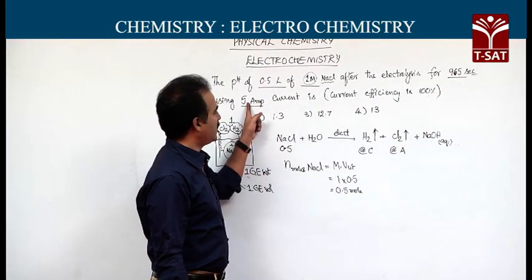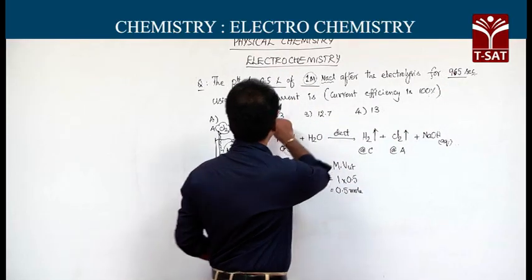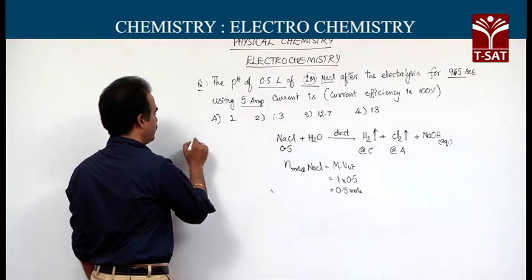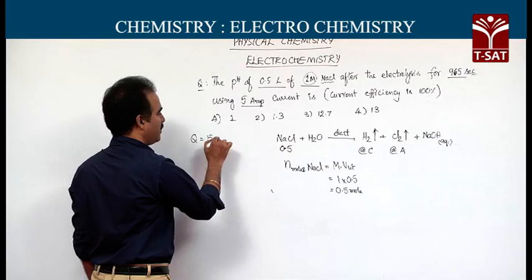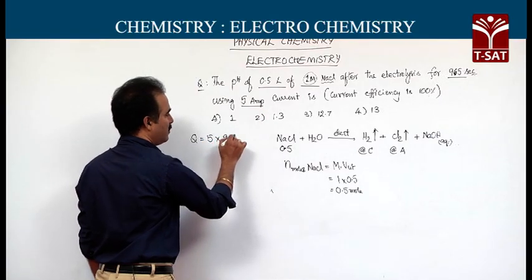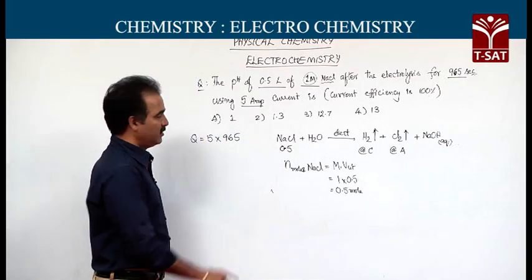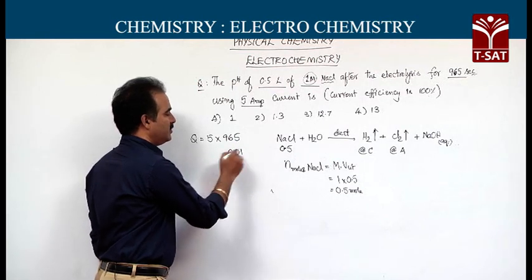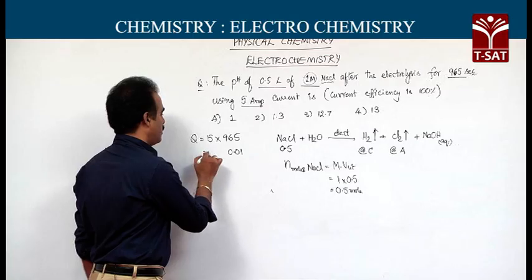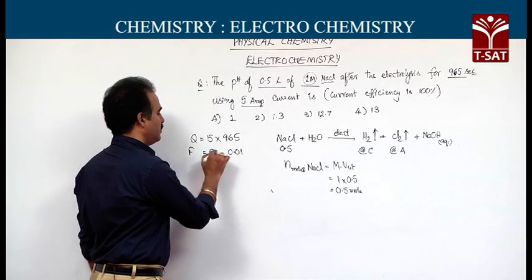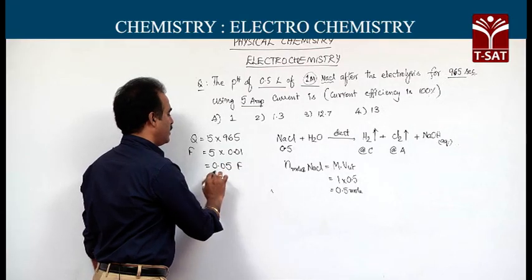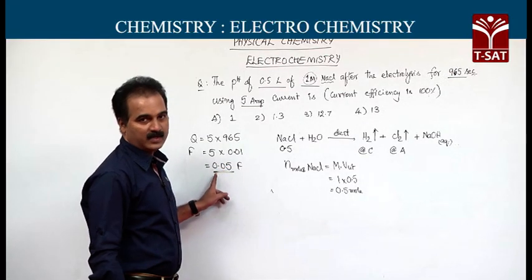So, quantity of charge is what? So, according to this, time and amperes, quantity of the charge is 5 amperes we are sending for 965 seconds. So, this 965 is nothing but 0.01 Faradays. So, altogether the Faradays is 5 into 0.01 means 0.05 Faradays of charge we are passing.